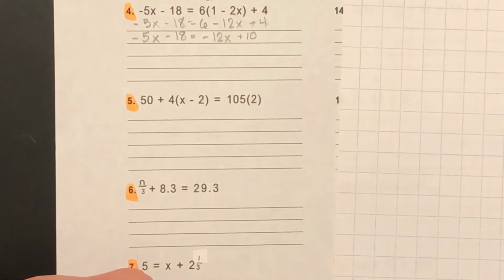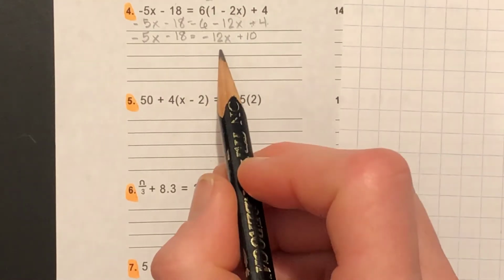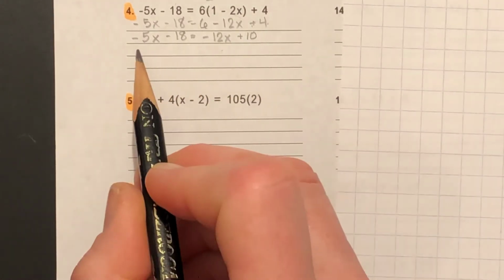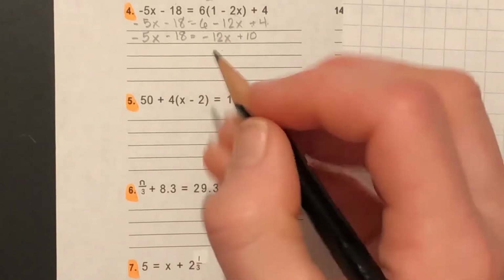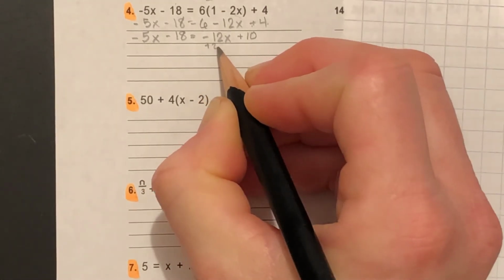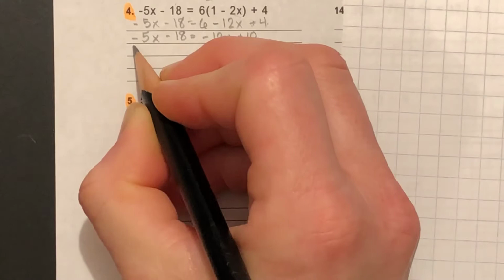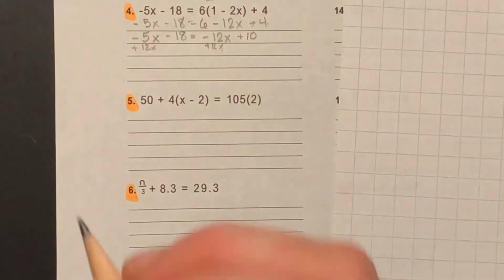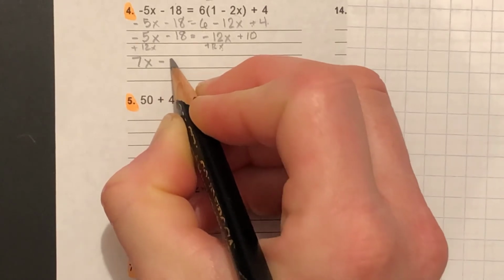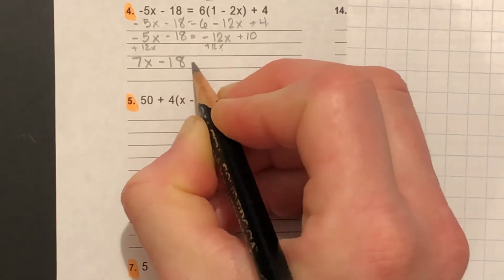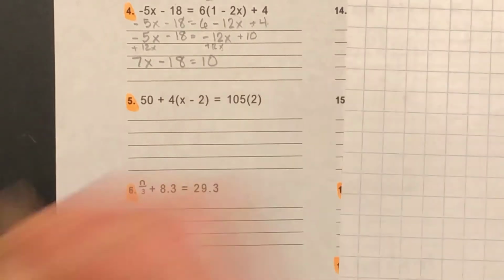Now I'm going to get all of the variable terms to the left. So to get rid of it from the right, I need to do the opposite. So I will add 12x to both sides, plus 12x. That gives me 7x minus 18 equals 10.